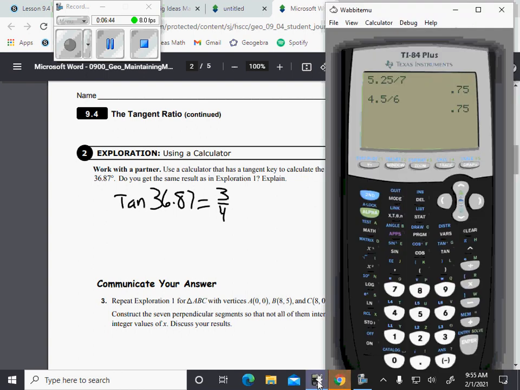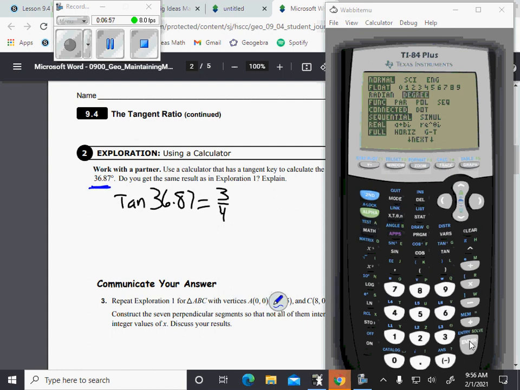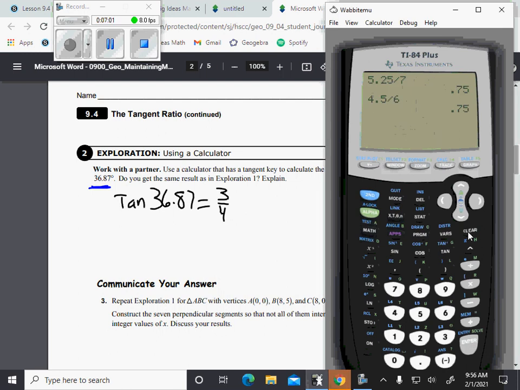If I go into my calculator, this is very important. I'm going to go to mode, and see this key here is in radian. We want it in degree. Why do we want it in degree? Because of 36.87 degrees. We're not talking radians, we're talking degrees.